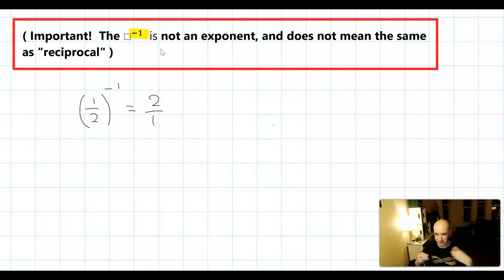But that's not the same as function inverse. Those are completely different ideas. This is actually what we call the multiplicative inverse, because 1/2 times 2 over 1 is equal to 1, but that's different than the function inverse. So multiplicative inverse is reciprocal. Function inverse is what we're doing in this video.